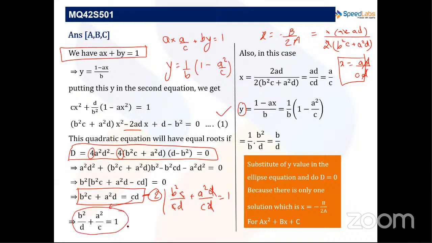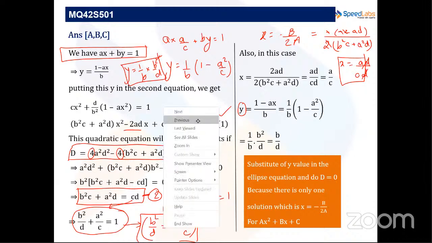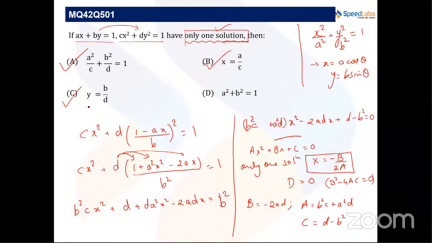Look, from the very initial condition, we have b square by d equals 1 minus a square by c. Substituting that value here, we get y equals 1 upon b into b square by d, so y equals b by d.